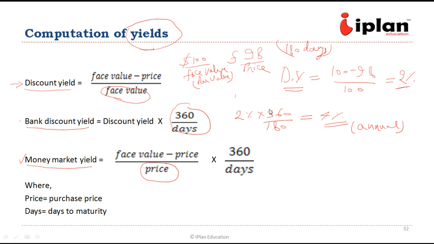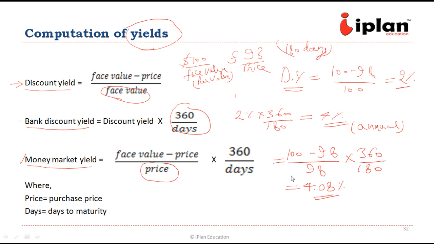If we assume that it was a money market instrument instead of a treasury bill, our calculation will become 100 minus 98 divided by 98 into 360 divided by 180. So this will be 4.08%. This will be slightly higher than the bank discount yield.